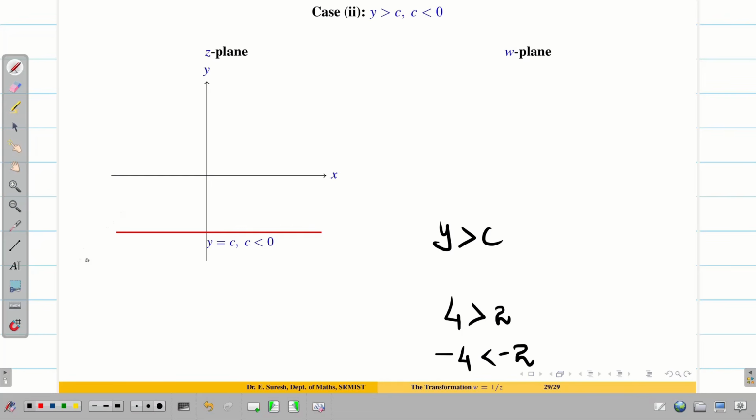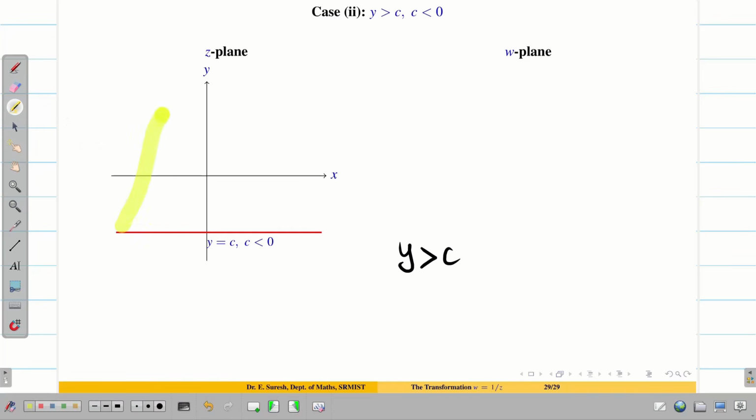So suppose you are taking this as y equal to minus 4, then y equal to minus 2 is bigger than minus 4. Y equal to minus 1 is bigger than minus 2. It goes like this. Therefore, y greater than c lies above the line y equal to c. Why? Because my constant is negative.